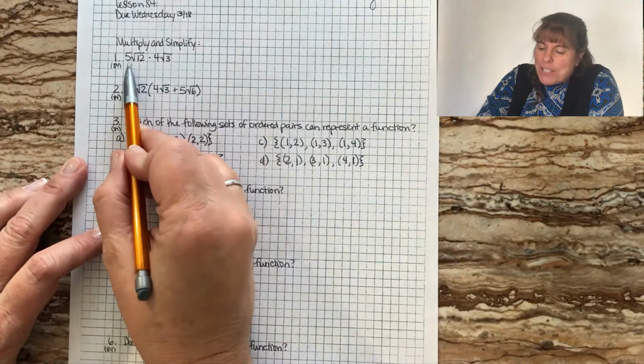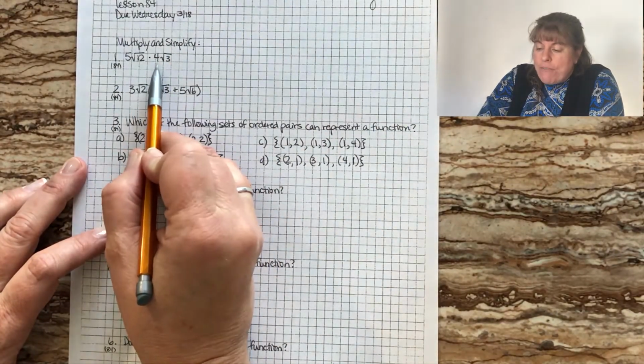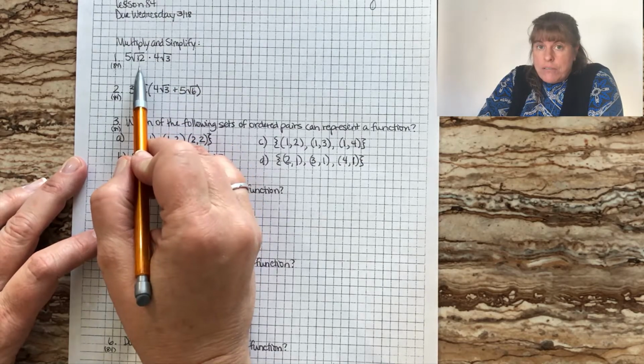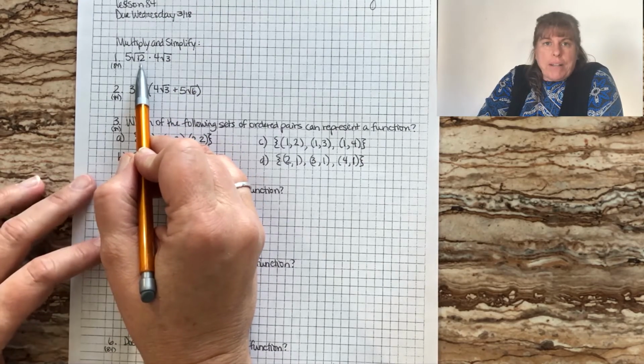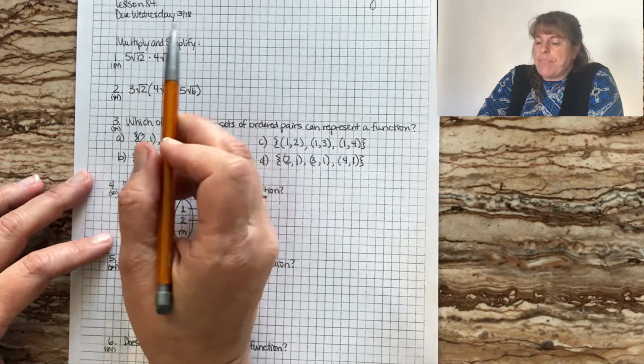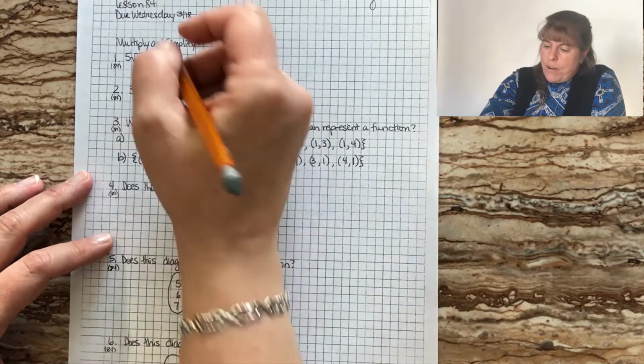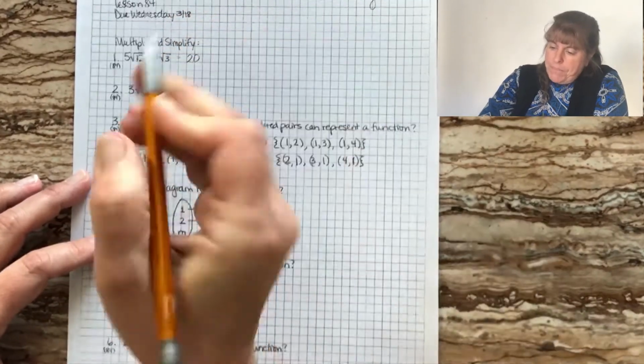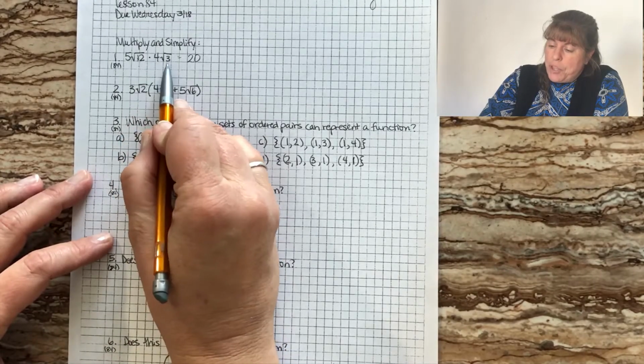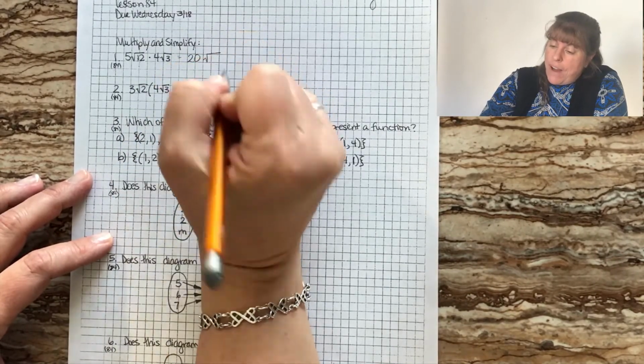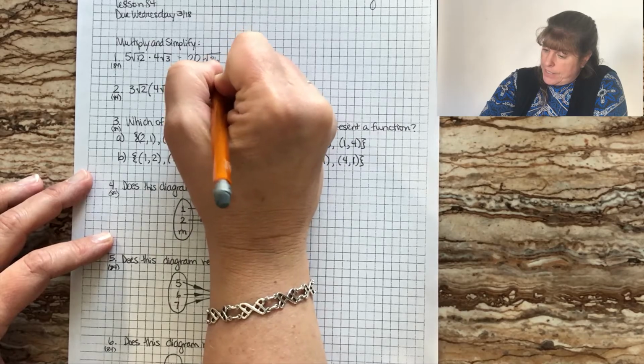Okay. So here, 5 square root of 12 and 4 square root of 3. Some of you might say, well, I could reduce this right now. Don't worry about it, because you might as well multiply first and then reduce it. So 5 times 4 is 20. And then our square root of 12 times square root of 3 is the square root of 36.